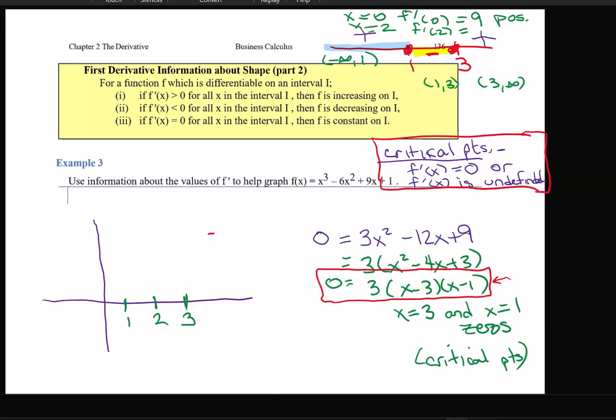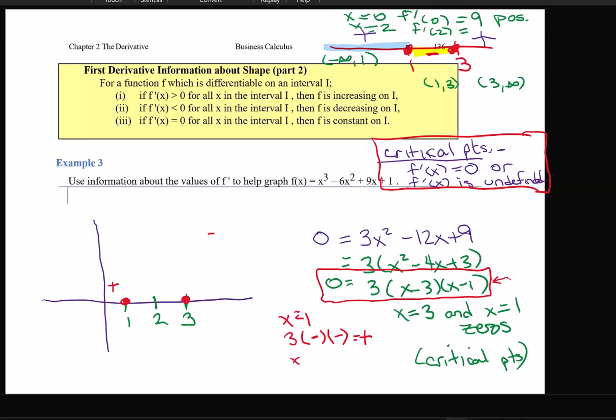When the function equals 0, I have my zeros. So I know that I have a 0 at 3 and a 0 at 1. And I also know that when it's less than 1, I have 3 times a negative number times a negative number, which equals a positive number, which makes this positive.